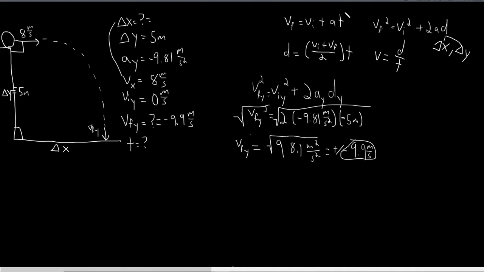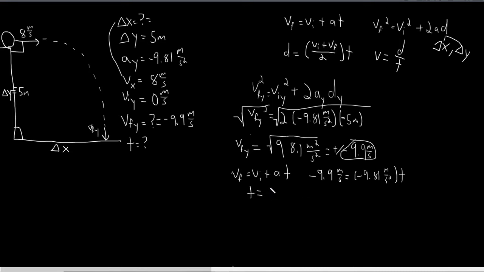So let's start by looking at VF equals VI plus A times T. VF we found was negative 9.9 meters per second, equals VI, which is still in the y direction and still 0, so I'm not even going to care about it, plus negative 9.81 meters per second squared times t. Divide both sides by negative 9.81.